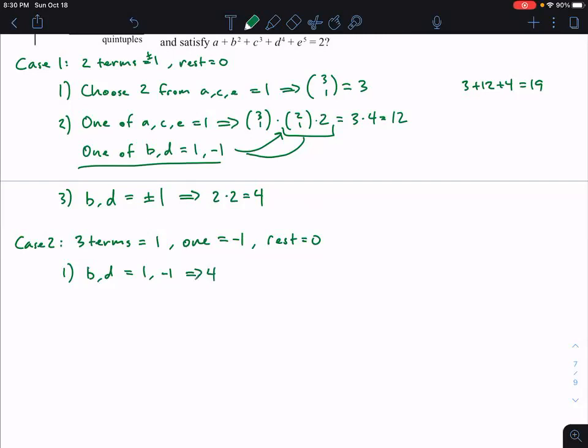But we have more. We also want one of A, C, or E to be equal to 1, -1, or 0. Hold on, let me restate that.